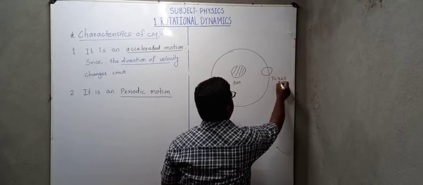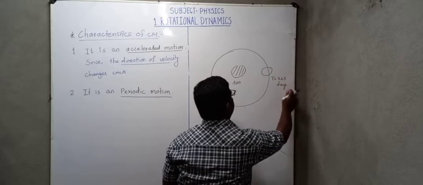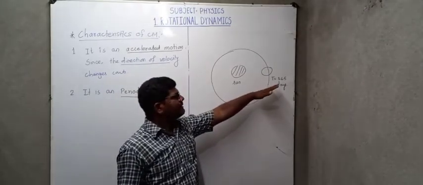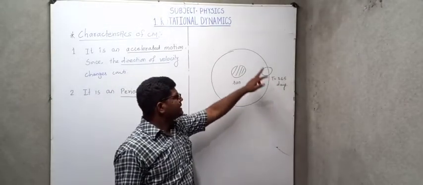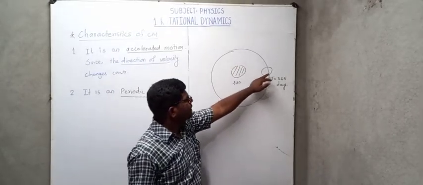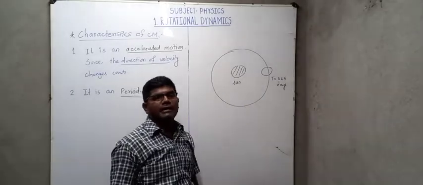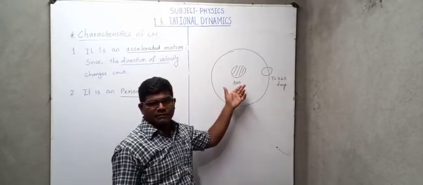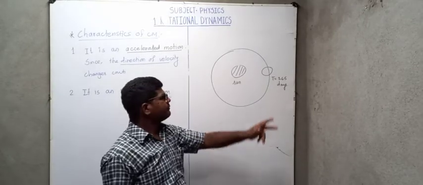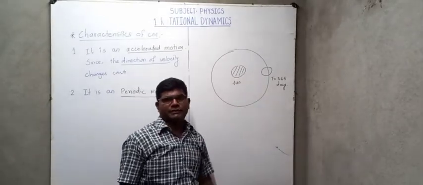365 days. After completion of 365 days, the same motion is repeated by Earth around the sun. So after equal interval of time, this motion repeats.